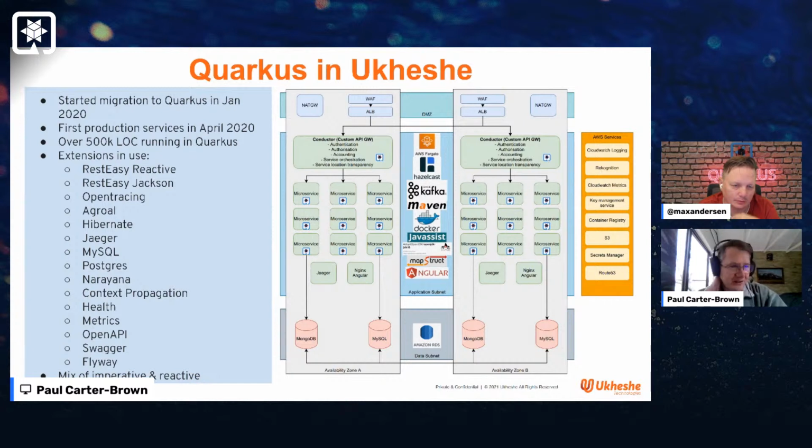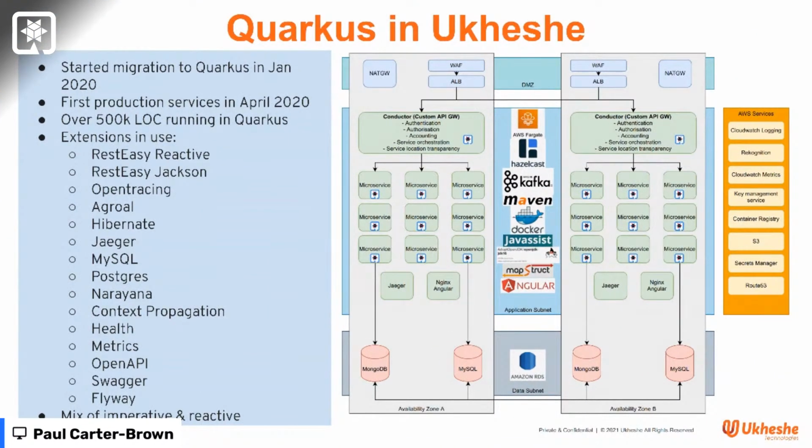So the architecture is API first. If you have a look at this picture here, it's on AWS, but we do have deployments of our architecture that run on Kubernetes, plain Docker, you name it. There's an API gateway which we've built on top of Quarkus and RESTEasy Reactive.